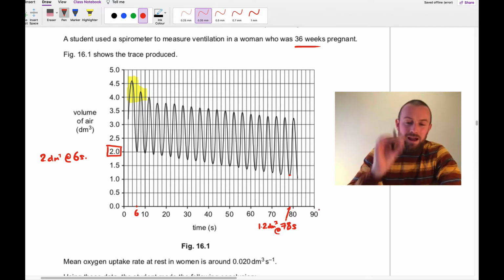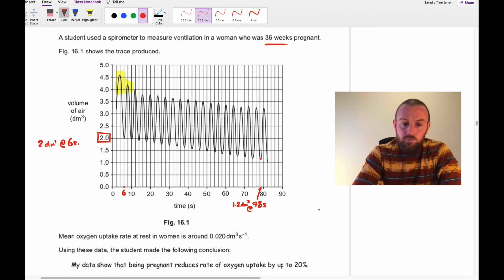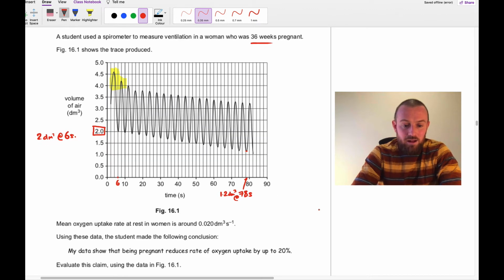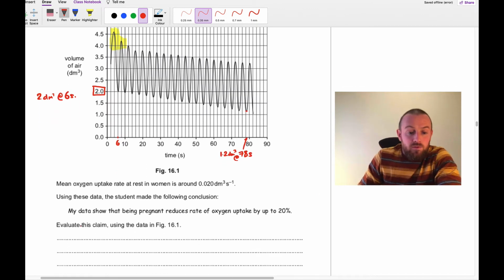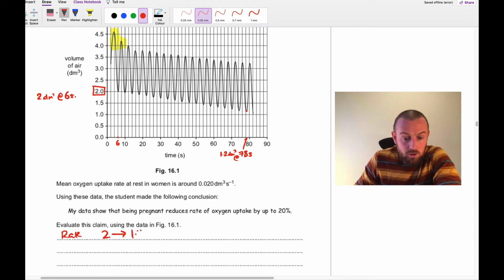So now I'll zoom out a little, and we can use that to calculate the rate. So, rate. So 2 dm cubed to 1.2 dm cubed equals a change of 0.8 dm cubed. And the time has gone from 6 to 78 seconds.